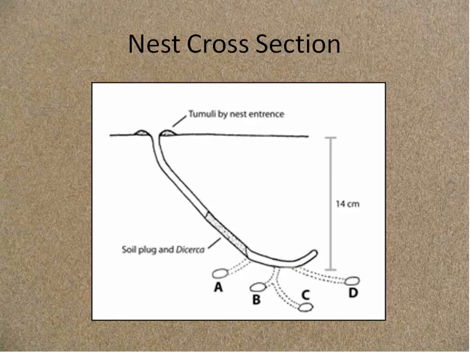So the female wasp flies out of her nest, goes into some of the neighboring trees, catches a blue-crested beetle, paralyzes it with a little sting, flies it back to her nest, and then buries it in one of these little chambers. Once she's collected enough beetles, she'll lay a single egg in there, close off the chamber, and begin to excavate the next chamber.